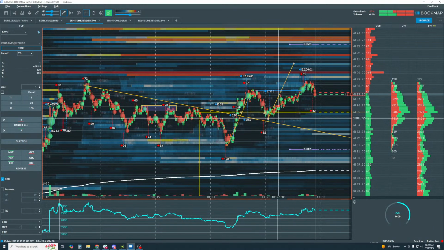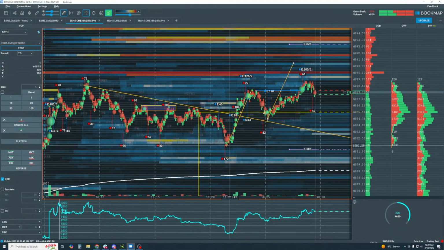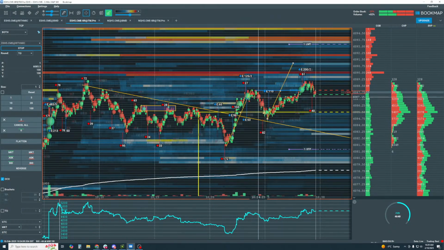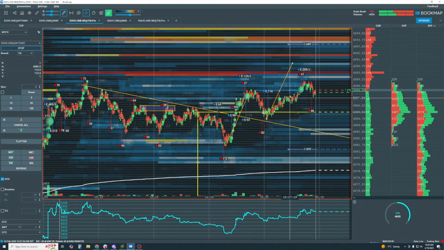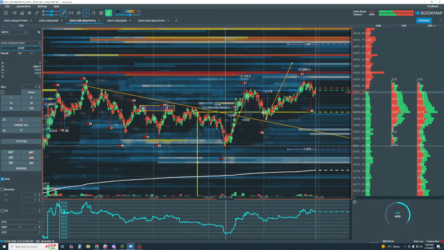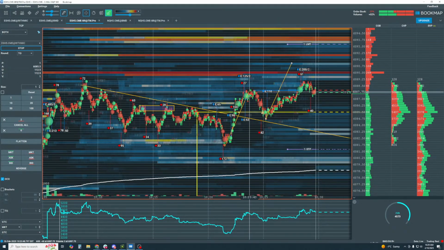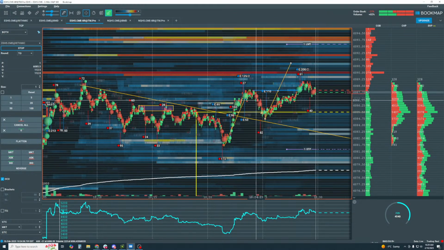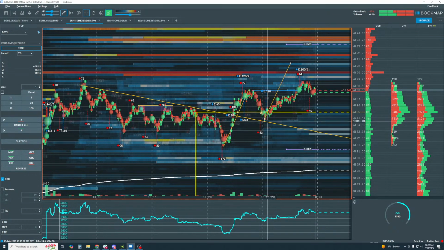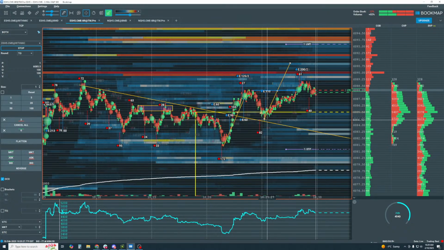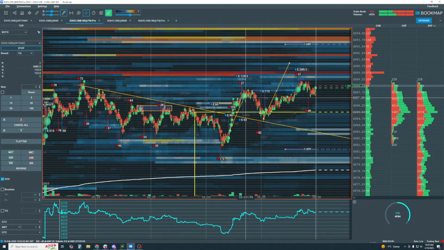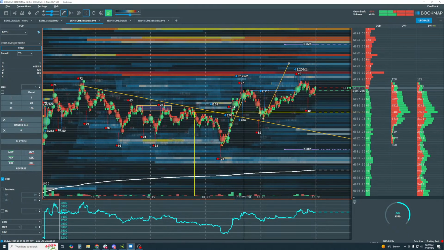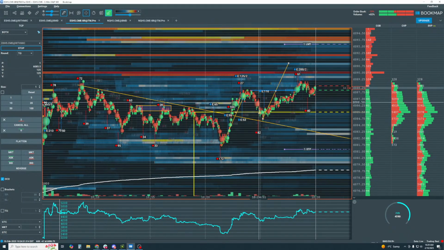Now if we look at this in terms of a measured move, what's the idea behind it? Well, how much gas is in the tank here for buyers before they have to take a rest, and then for buyers to re-engage again. So this is the impulse move here, and then pullbacks as well.